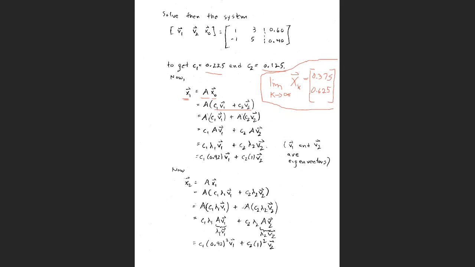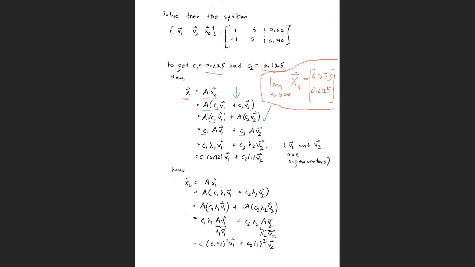Now I'm taking the matrix A and multiplying it by this sum of two vectors. Matrix multiplication is distributive, so I get A times c1 v1 plus A times c2 v2. Since c1 and c2 are scalars, I can pull them out front of those products.